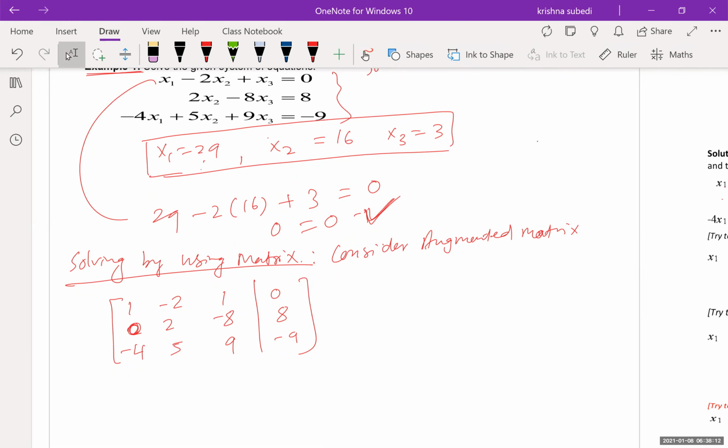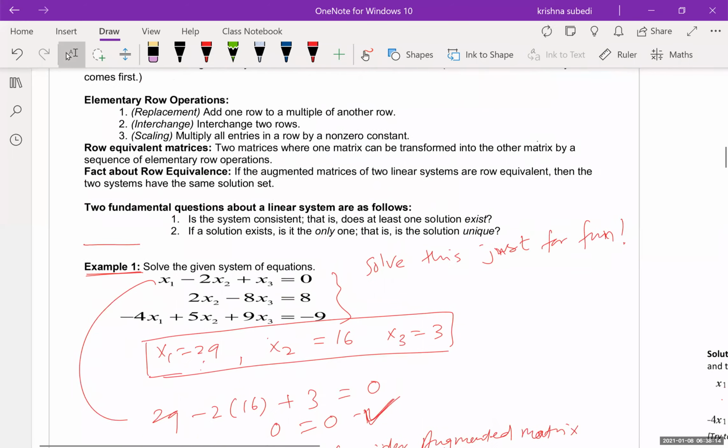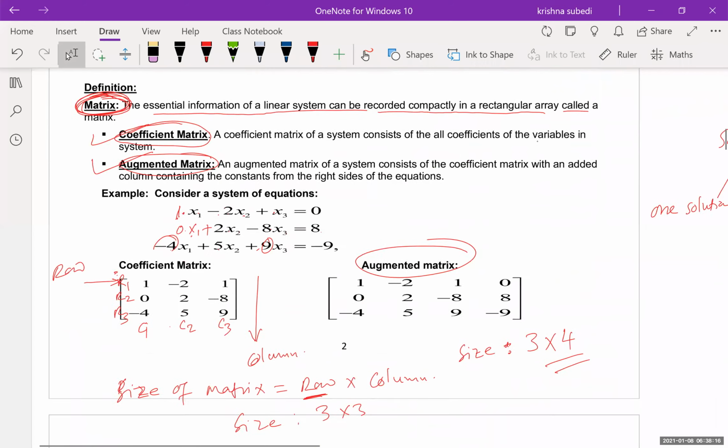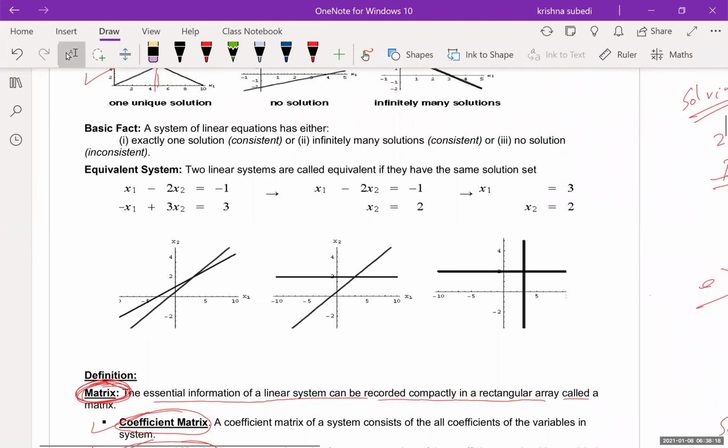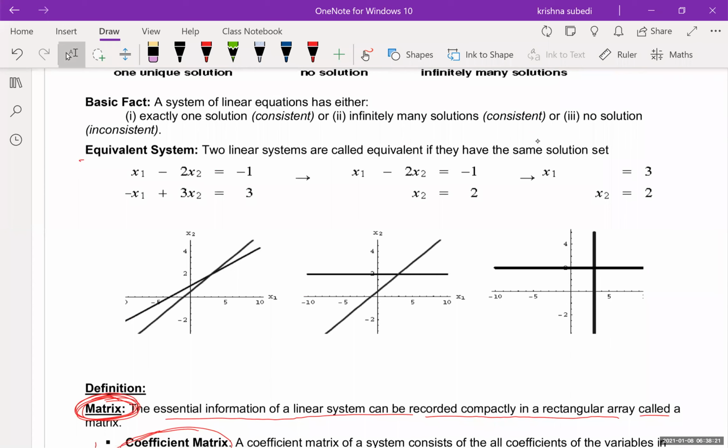Now let me go back to what that means, okay? Look at this system of equations. If you solve this equation, what do you get?